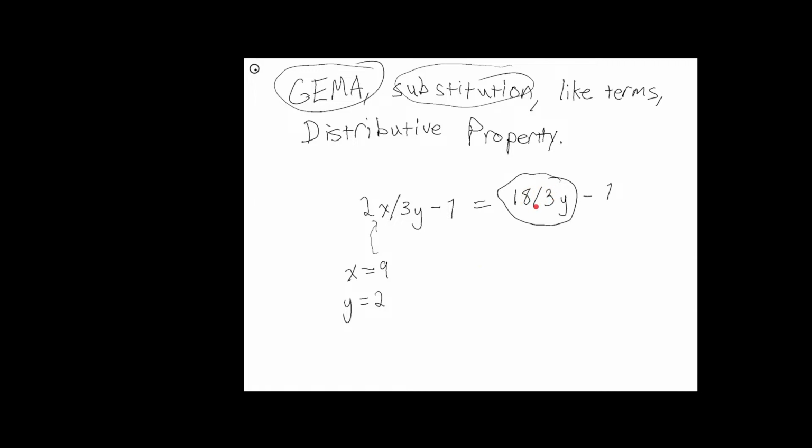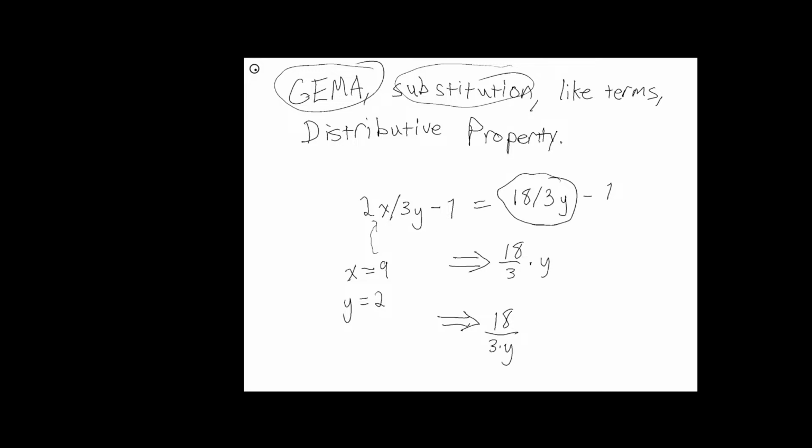This expression is ambiguous because it could be written two very different ways and both feel correct. So I don't want you to write your math like this because it's not clear. It's ambiguous. This is going to be one of two things, right? It's either going to be 18 over 3 times y, which is very different from 18 over 3 times y, right?